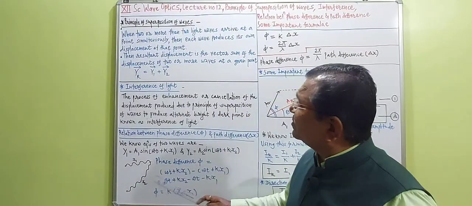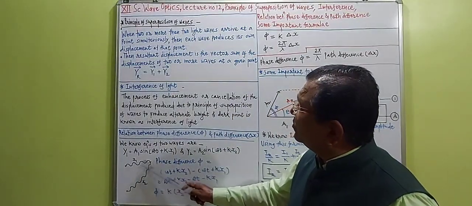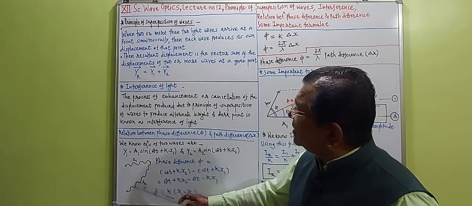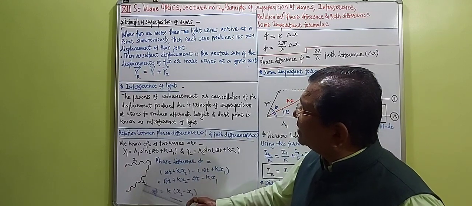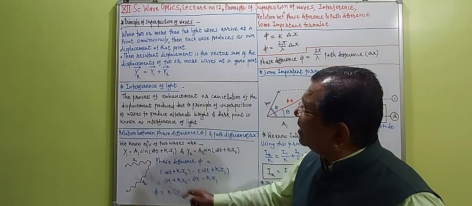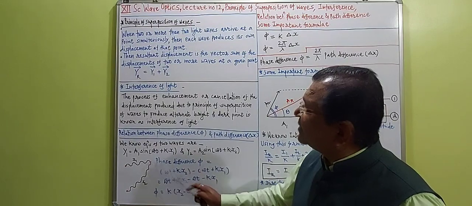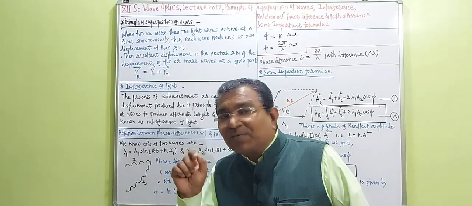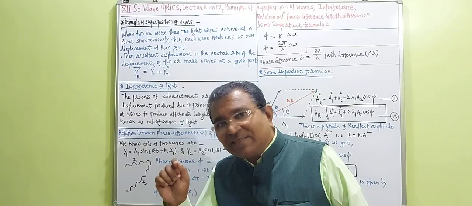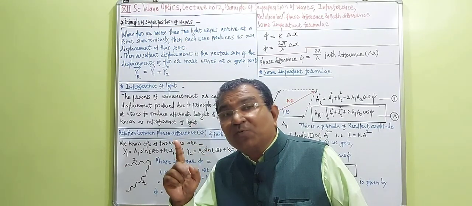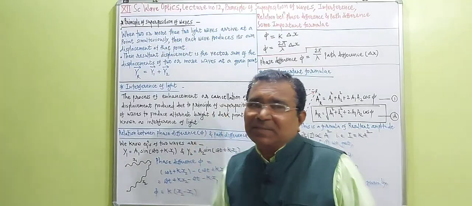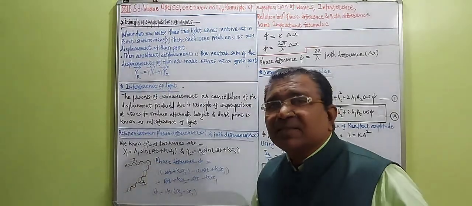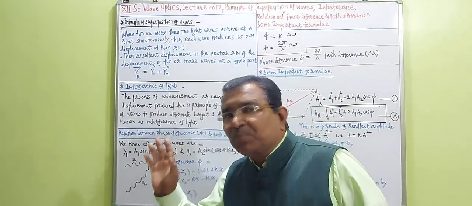So see this diagram. This is one wave having displacement x1 from this point. This is another wave having displacement x2 from this point, and these two light waves meet at a single point. So when two light waves arrive at a point simultaneously, each wave produces its own displacement at that point.